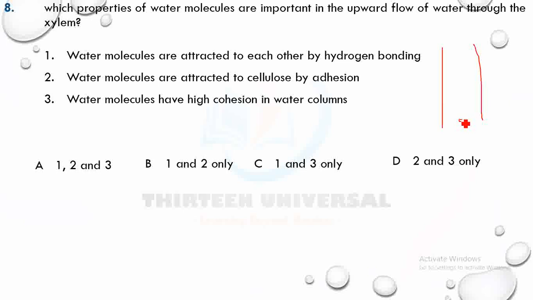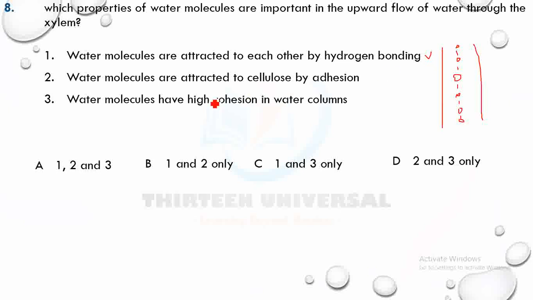Water molecules are attracted to each other, so they stick to each other. They form a column of water. So that's cohesion. Water molecules are attracted to each other by hydrogen bonds. This is correct.